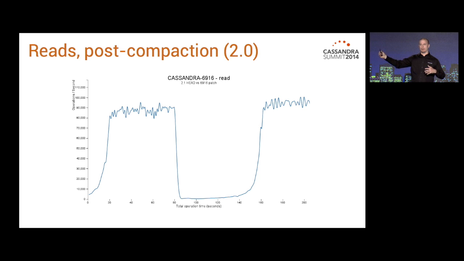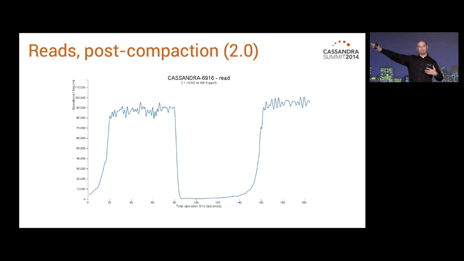If you remember the dark ages of 0.7 and 0.8, a compaction could seriously impact the performance of a Cassandra node. Then we introduced compaction throttling. So that works pretty well. This performance line at the top is not completely flat, but it's pretty good. We're delivering a lot of operations per second, and it's pretty consistent.